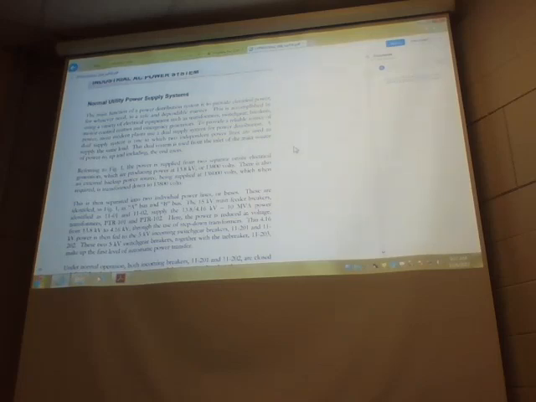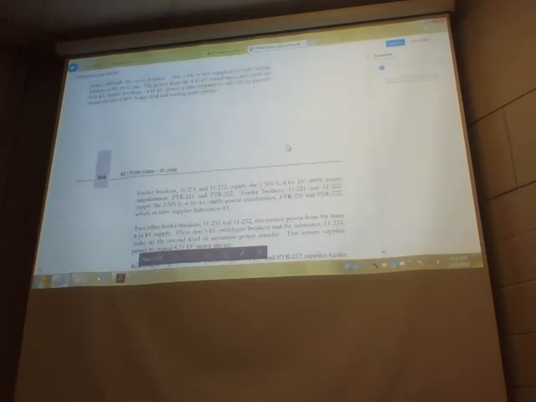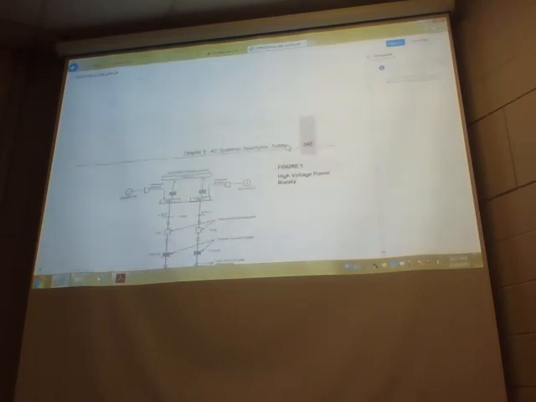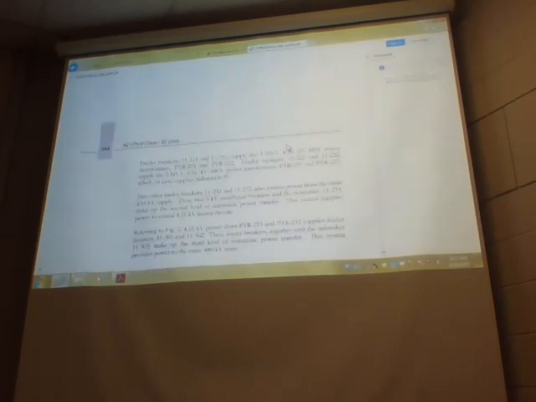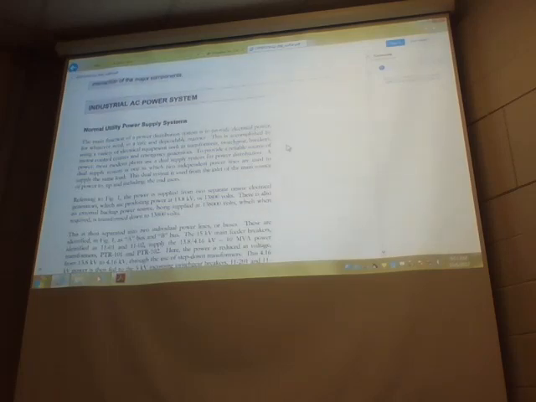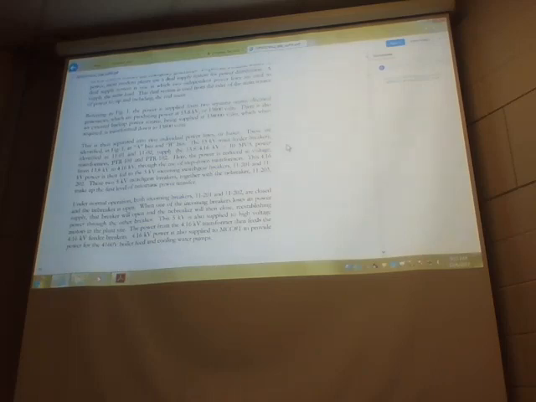So figure 1 is this one-line diagram here, which is easier in your textbook probably to look at at the same time as it's being described.